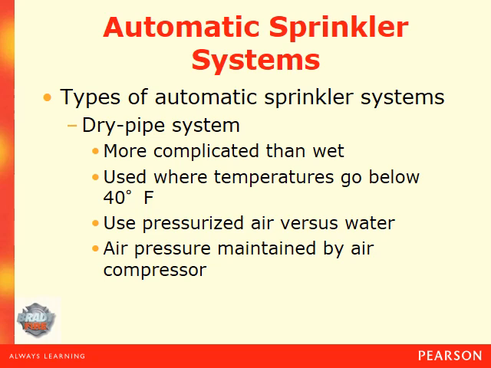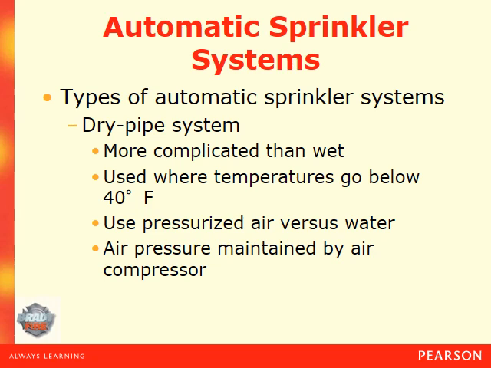It's used where there's a possibility of freezing or the temperature goes below 40 degrees. They're usually pressurized with air versus water. In your wet system, they're pressurized with water and they're just waiting for some means to be discharged. In the dry pipe system, they're pressurized with air, and once the air leaks out, then the water is allowed to go into the system.